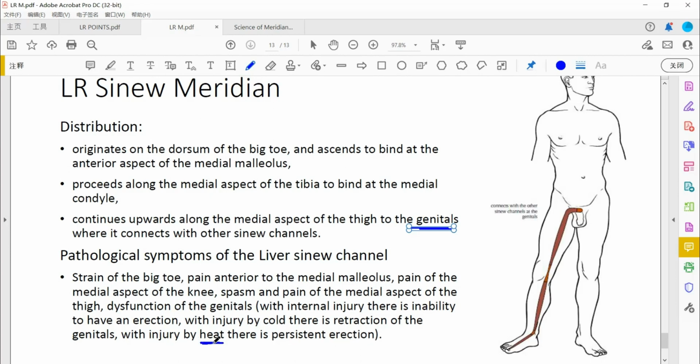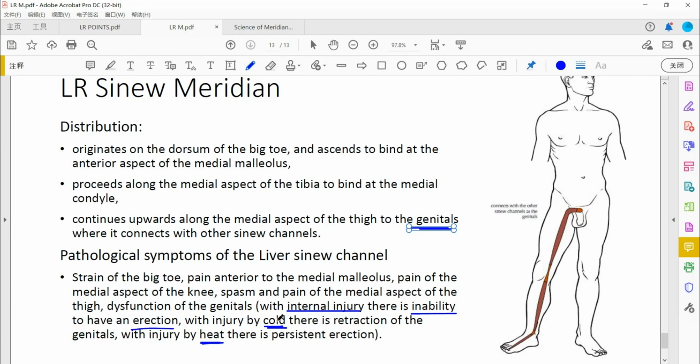Okay, so heat pathogen, cold pathogen, and internal injury will have different manifestations, different diseases. That means if there are internal injuries of the sinew, there will be inability to erect.